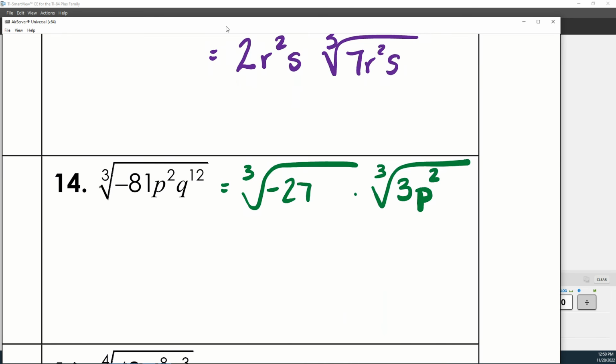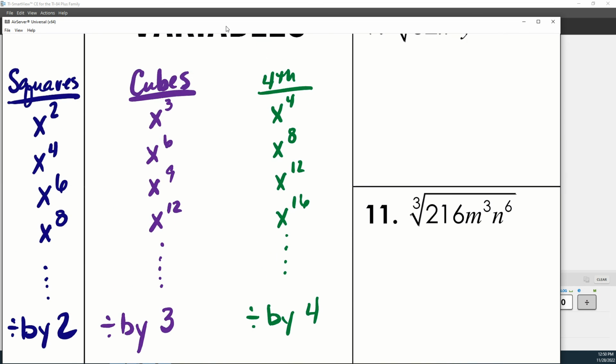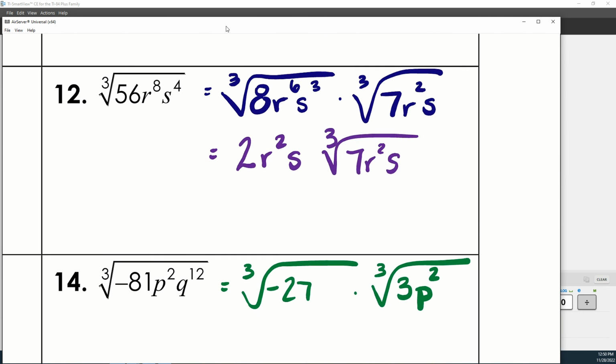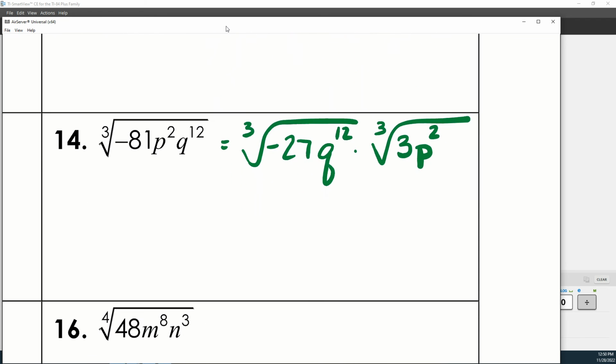All right. And then q to the 12th for perfect cubes. 12 is a perfect cube power, so I can just leave it as q to the 12th. So I'll do the cube root and then divide, and then I'll leave the other one like it is.